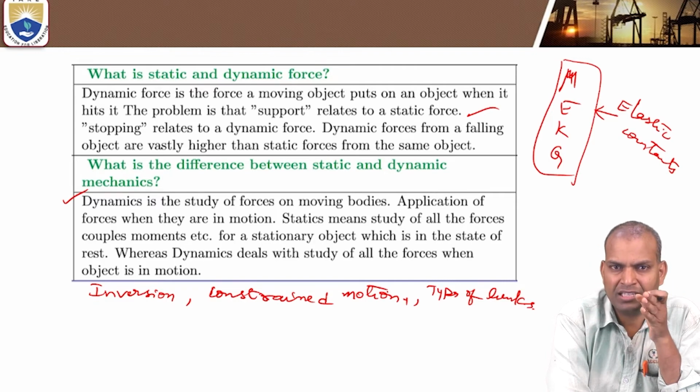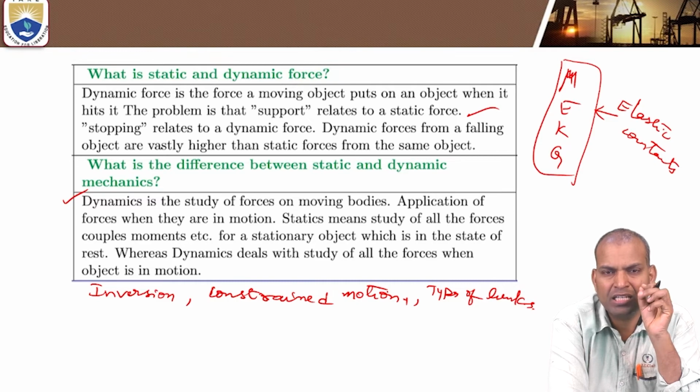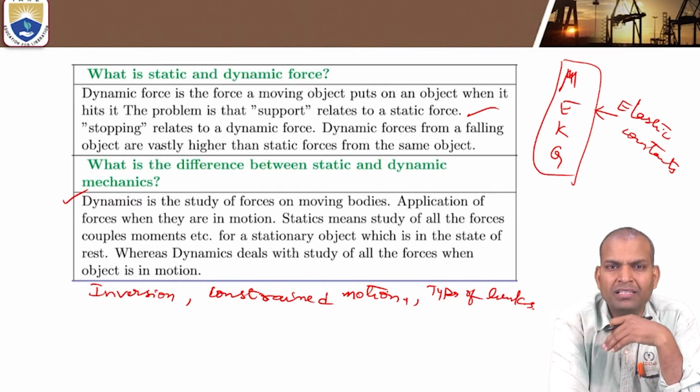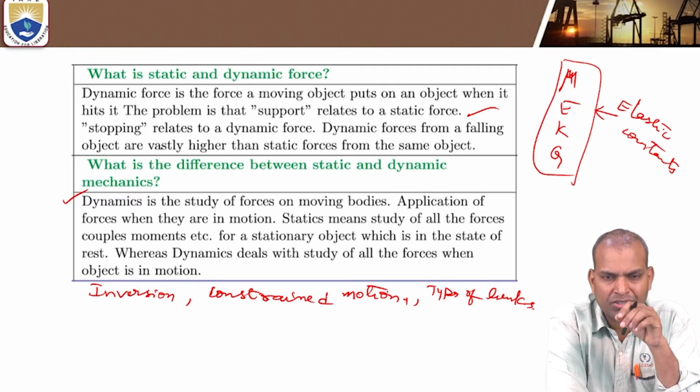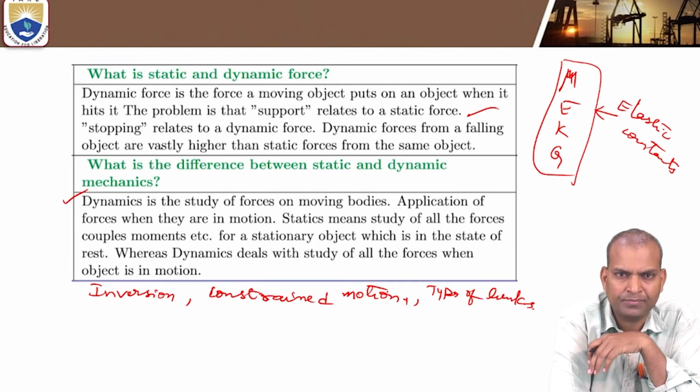By fixing link 3 and giving input motion to link 2, you get motion of link 1 and link 4. Similarly, by fixing different links and giving input motion to the input link, you obtain a variety of motions in the output links. All these ways of fixing links and obtaining different mechanisms are known as inversions.